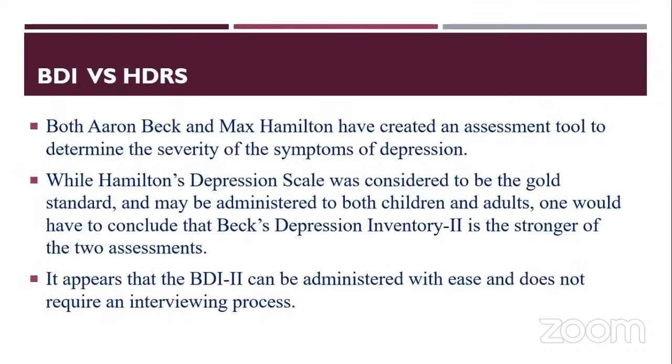Then about BDI versus HDRS. That means we are comparing BDI and HDRS here. Both Aaron T. Beck and Max Hamilton created assessment tools to determine the severity of symptoms of depression. But when it comes to these two scales, the Beck Depression Inventory is considered better because BDI-2 can be administered with ease and it does not require any interviewing process.